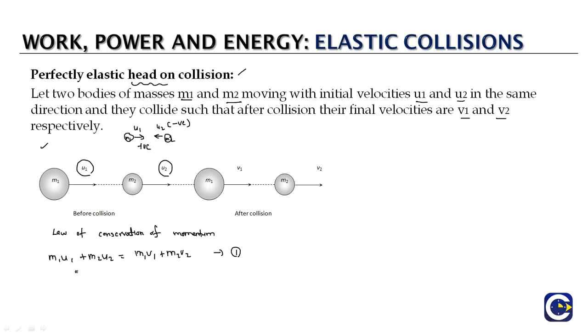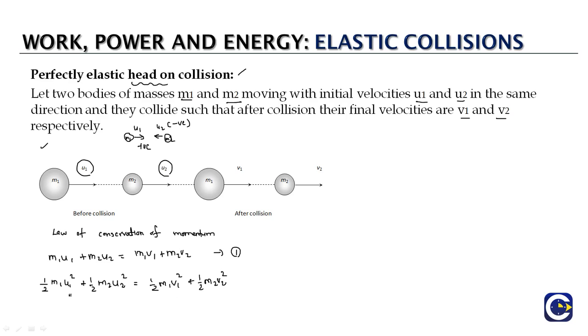Now since we are referring to this as an elastic head-on collision, the total kinetic energy of the particles before must be equal to the total kinetic energy of the particles after, which would mean half m1 u1 square plus half m2 u2 square, the total kinetic energy before the collision, will be equal to half m1 v1 square plus half m2 v2 square.